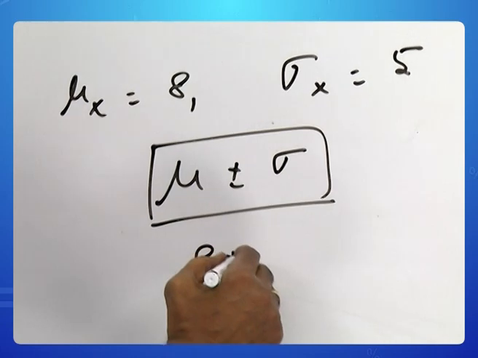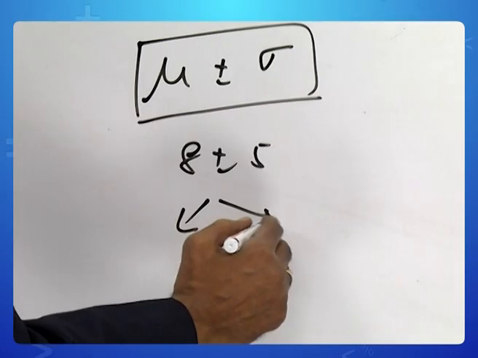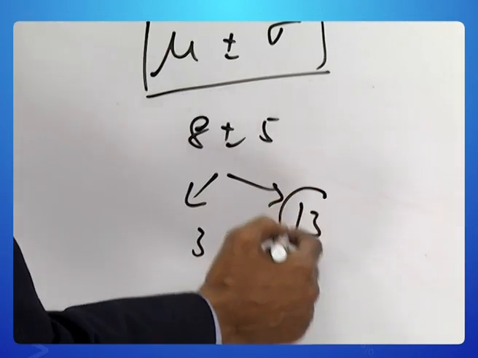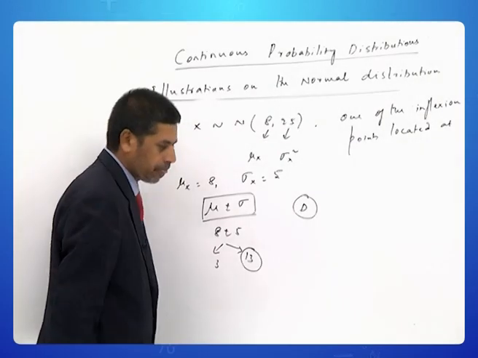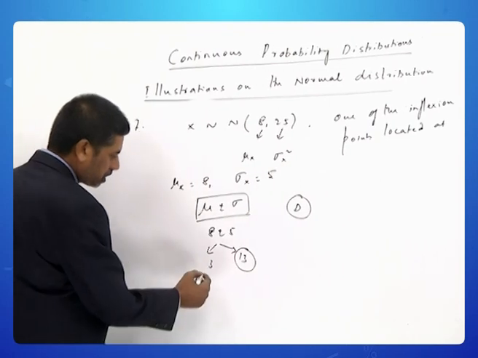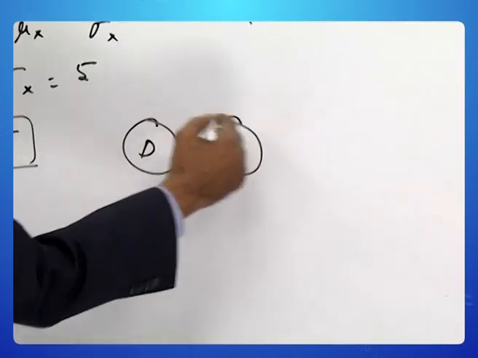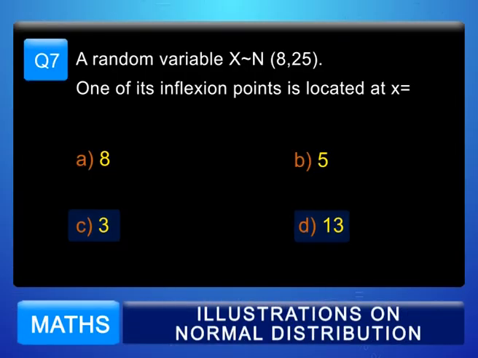So 8 plus or minus 5 will give us 3 or 13. So you can find that option D is leading to the answer. So of course, if you also observe, 3 is also available in the options. So option C can also be a correct answer. So C and D can be declared as the correct options for this problem.